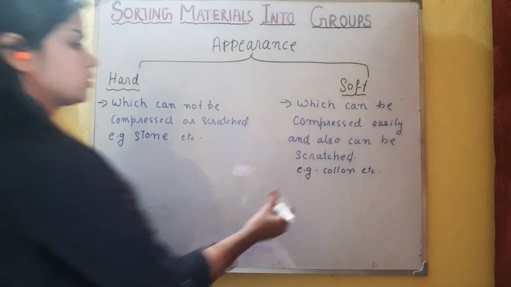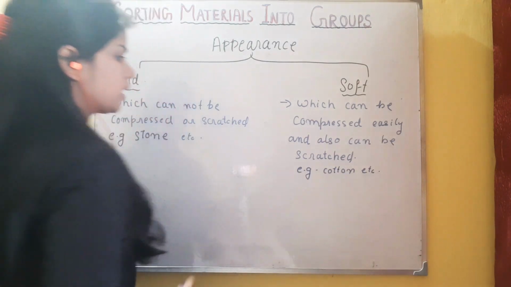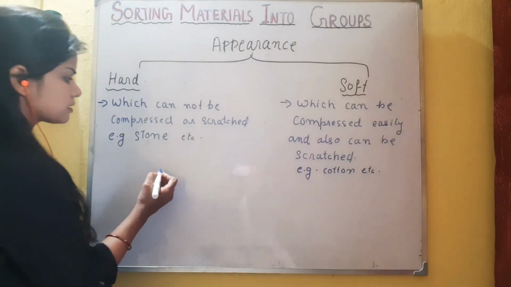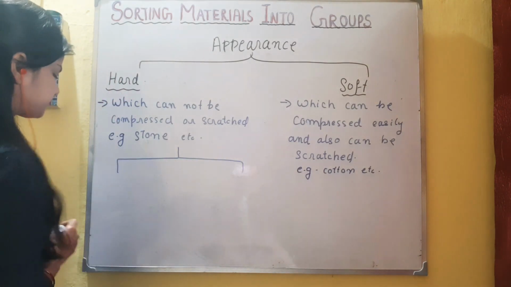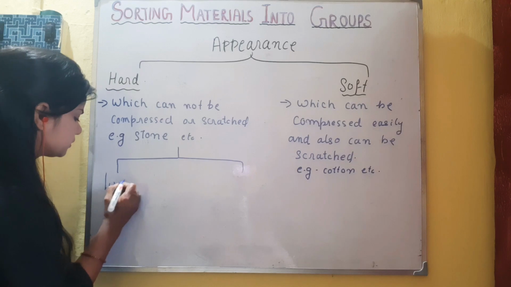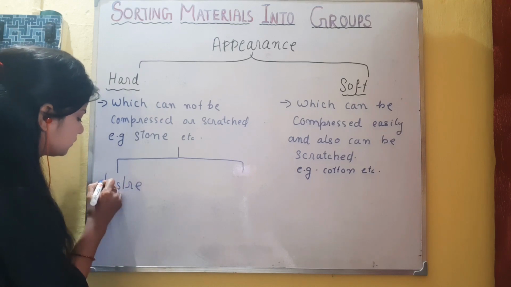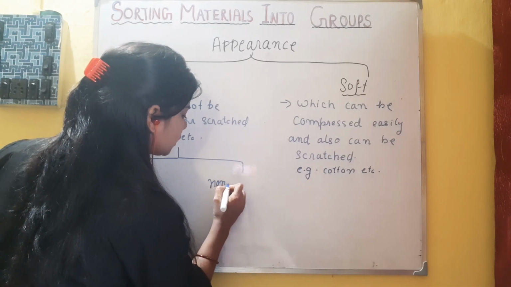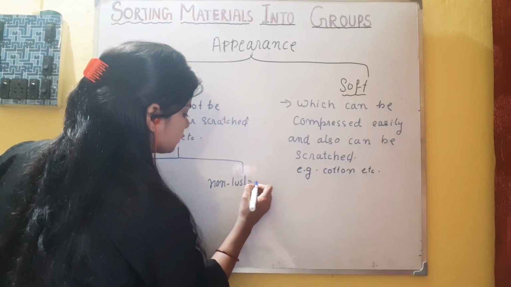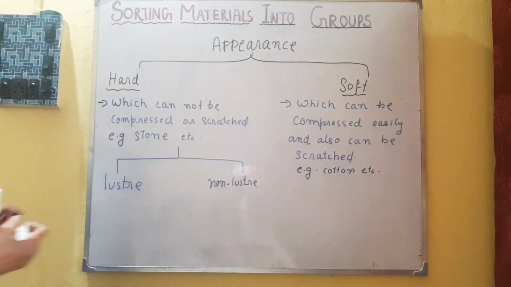Hard materials have some other properties also, like luster and non-luster. Now what is luster?